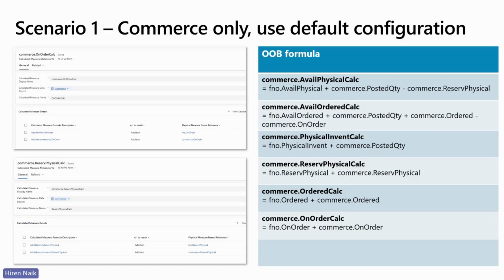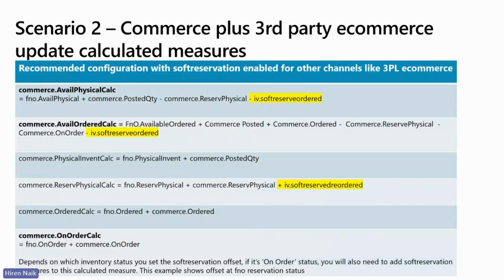Okay, moving to the next one. The next scenario is, say, you have your Commerce orders as one of your order channels, and you may also integrate with your third-party e-commerce channels as well, plus you have Dynamics 365 SCM or HQ acting as your back office system.